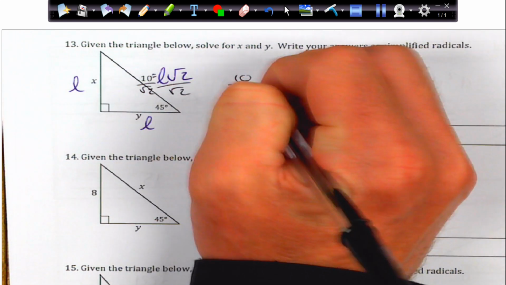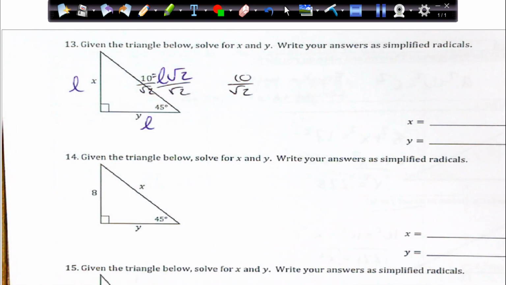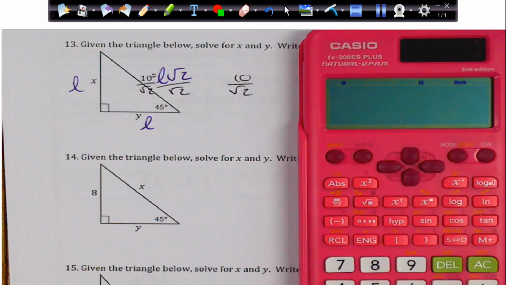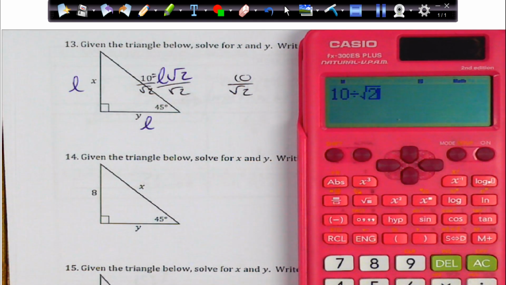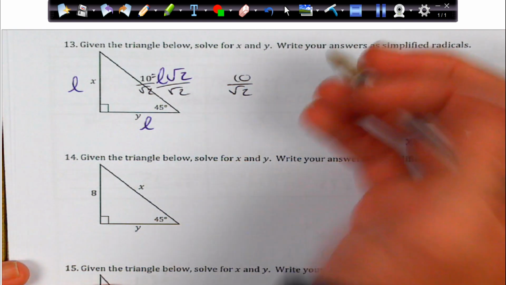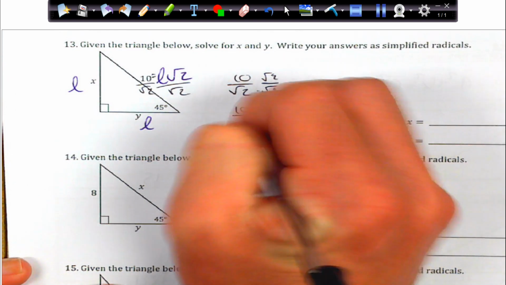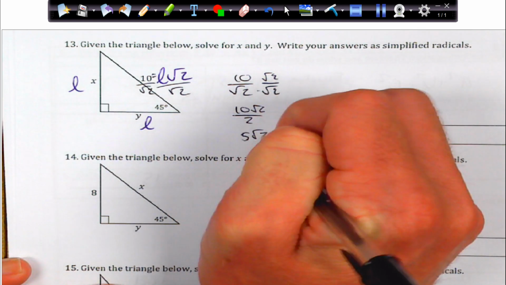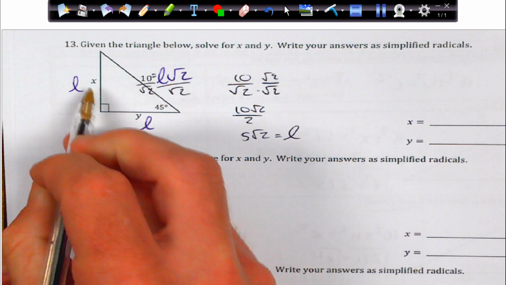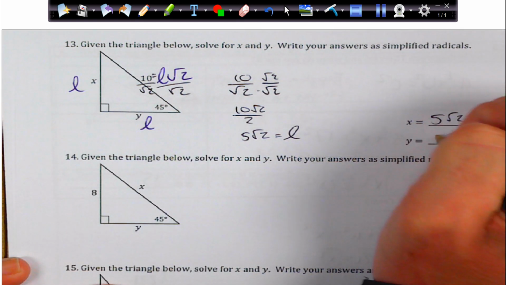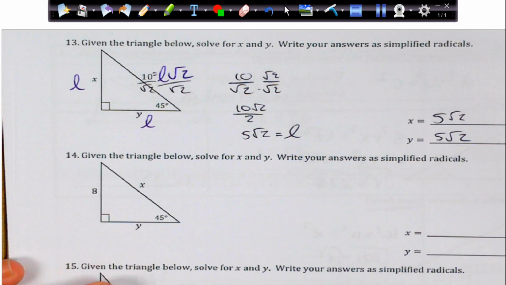And 10 divided by rad 2, well, you could use your calculator, and it will rationalize for you to get 5 rad 2. We did know the shortcut, divide by 2, multiply by rad 2. Or you could do the old school way and actually fully rationalize, which is 10 rad 2 over 2, which reduces to 5 rad 2 for our L, which means these two are both 5 rad 2.